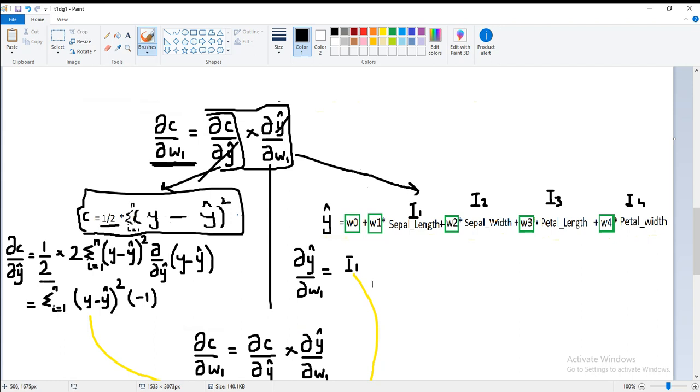This expression is being raised to the power 2. For instance, if you had to take the partial derivative of x square with respect to x, you'd move the 2 as a constant to the left hand side of x. Likewise, I'll be moving this 2 to the left hand side of y minus y hat squared, and as it's a constant, it can be written outside the summation sign.